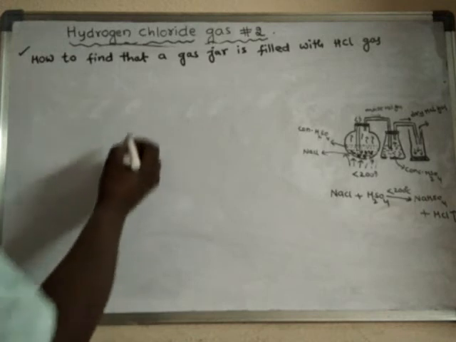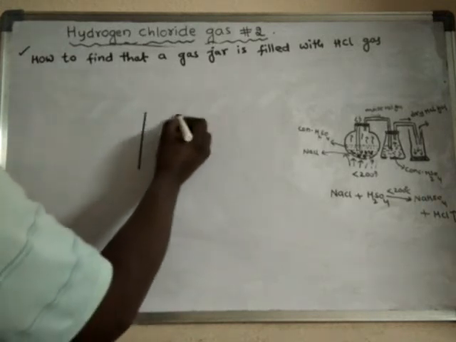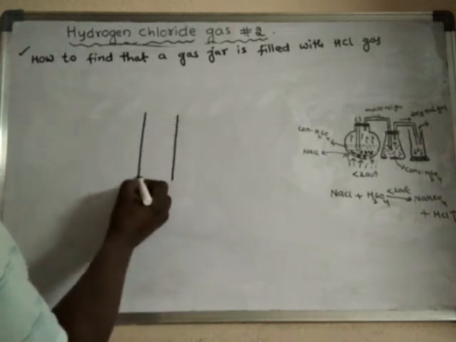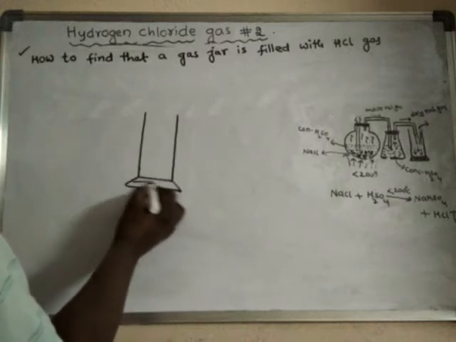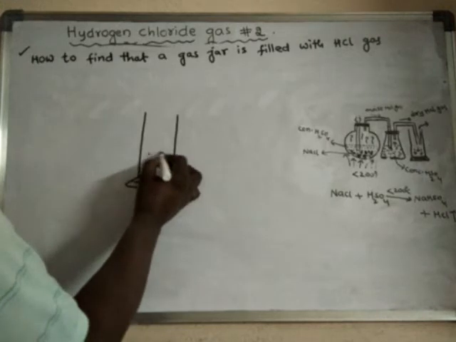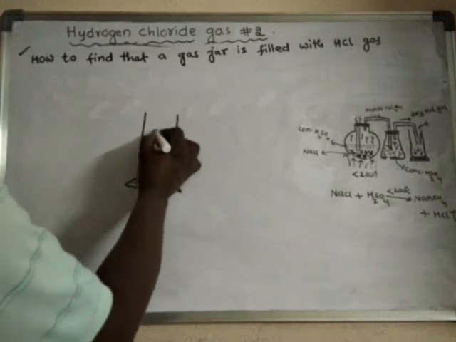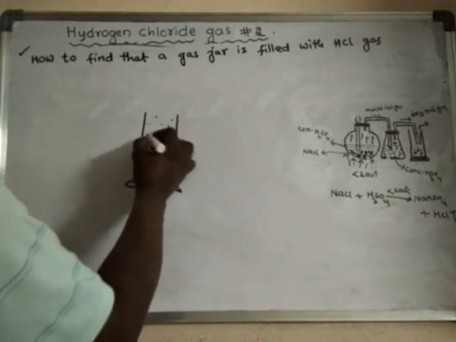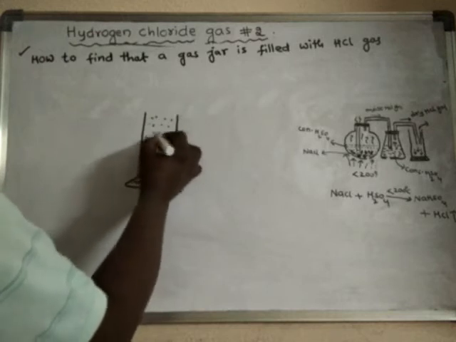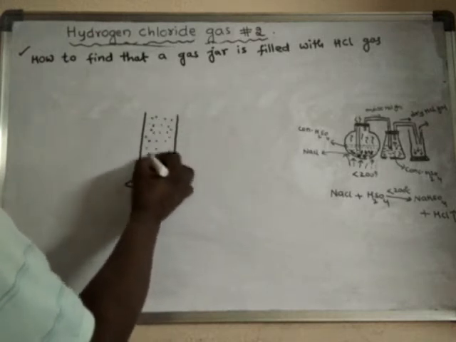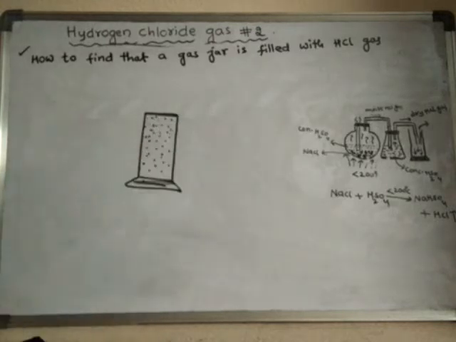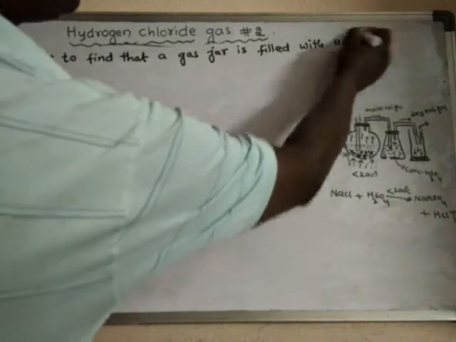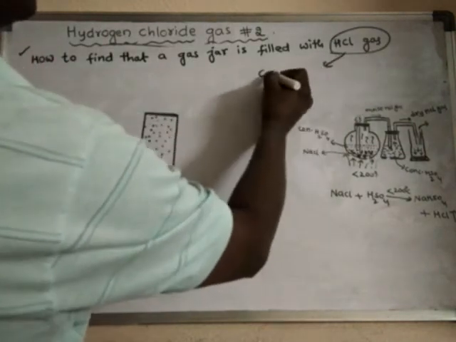See, remember that suppose I have a gas jar, and in this gas jar some gas is filled. If this gas is colorless, I cannot see the gas. Can you see the air which is filled in any container? No, we cannot see the air which is filled in a container. Even HCl gas is a colorless gas.